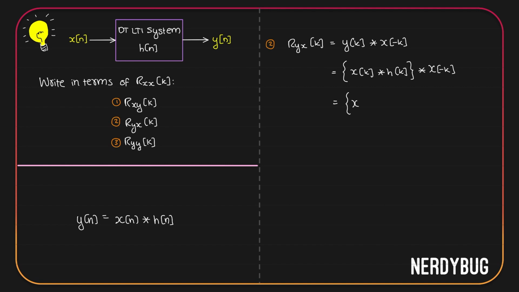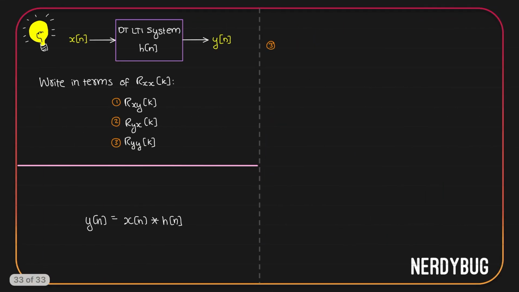So we can take x of k and x of minus k first and then take h of k. But convolution of x of k and x of minus k is autocorrelation of x of n, rxx of k. Convolution of that with h of k is giving us ryx of k.